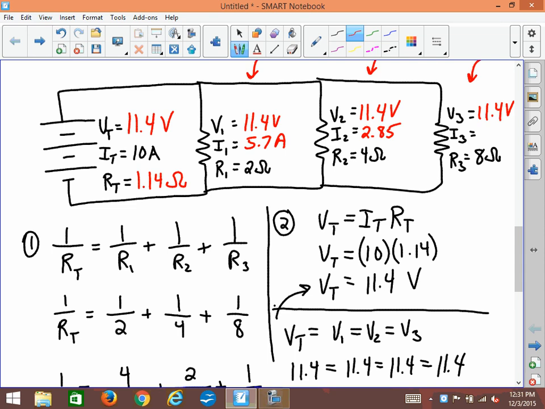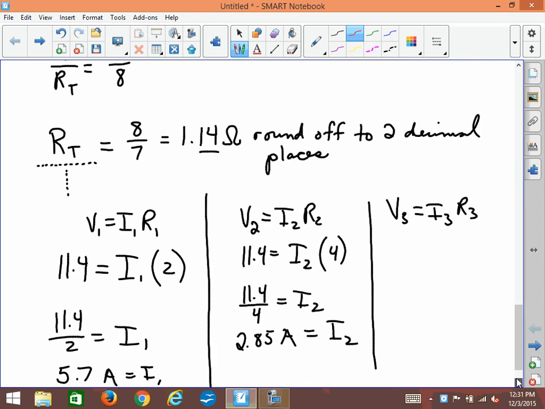Here we have 11.4 volts and 8 ohms now for load number 3. So we go down here: 11.4 equals I3 times 8, and we divide both sides of the equation by 8. So I3 will be 11.4 divided by 8, which is really small, 1.43 if you round it off to 2 decimal places.